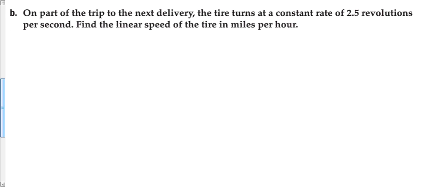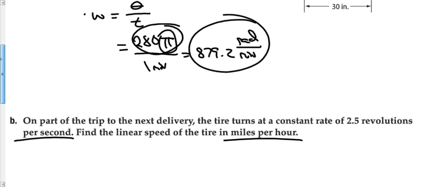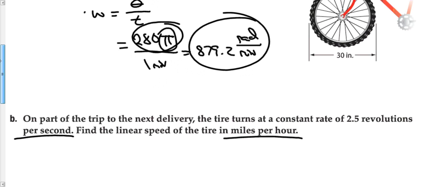On part of the trip to the next delivery, the tire turns at a constant rate of 2.5 revolutions per second. Find the linear speed in miles per hour. Already I can tell that this problem is going to be a pain. The units don't match. We want revolutions per second, and we need miles per hour. I get my picture.